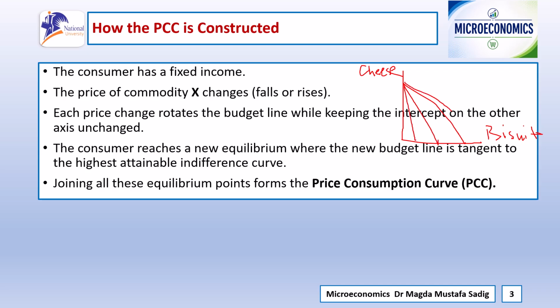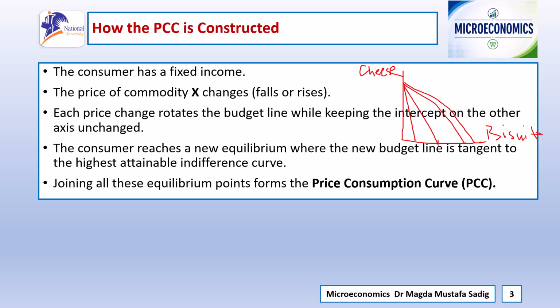It changes its place for one of the two goods and remains fixed at the other one. So the consumer then chooses the combination of goods that gives the highest possible satisfaction, and this occurs when the budget line is tangent to the highest attainable indifference curve.